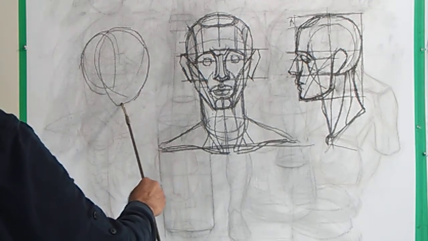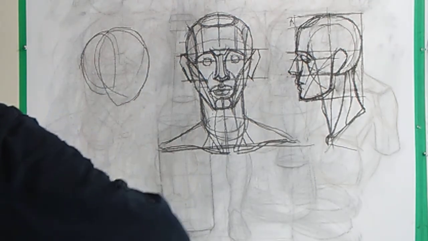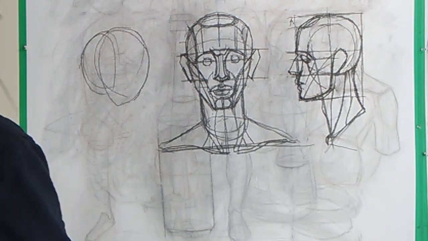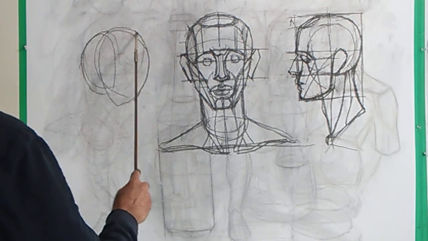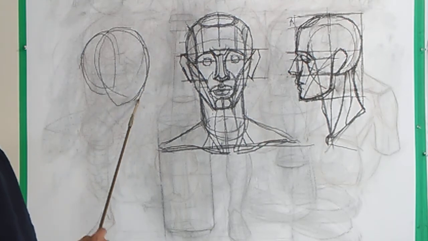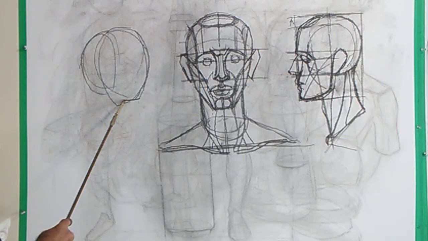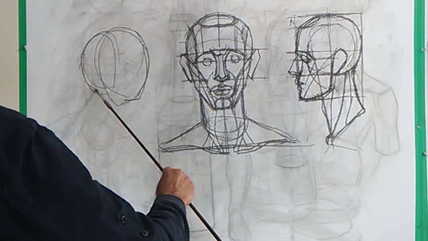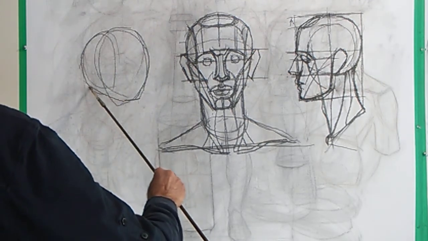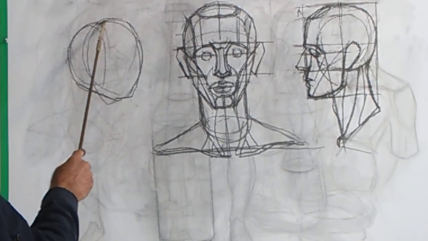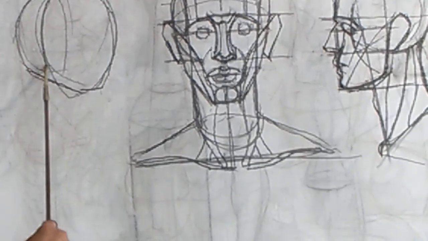I'm going to find my chin, right about here, and the side of the head here. So I started off a little different way, but basically it's a ball and an egg.